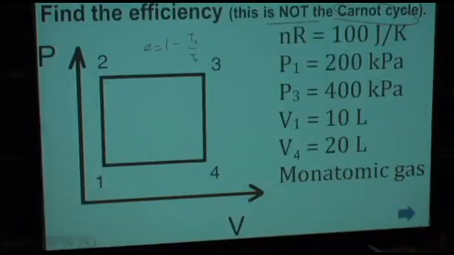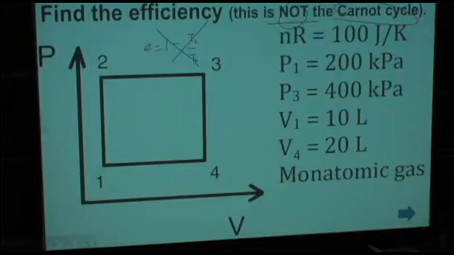We just need to know two temperatures. But if it's not the ideal cycle, we cannot use this equation. We have to actually start from calculating work, then calculating the amount of heat the system absorbs, and then divide two numbers.